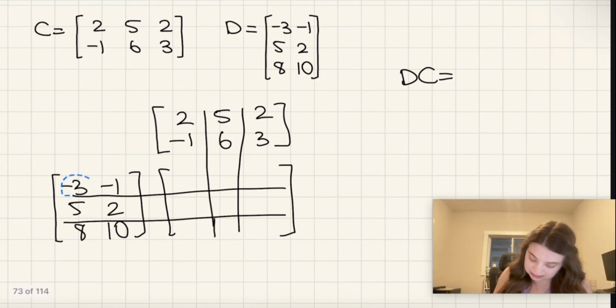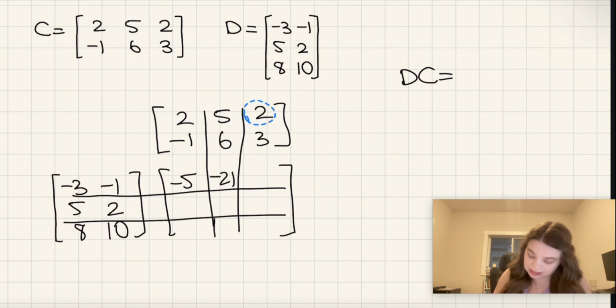2 times -3 is -6, plus -1 times -1 is 1. -6 plus 1 is -5. Then we have 5 times -3 is -15, and 6 times -1 is -6, so -15 plus -6 is -21.